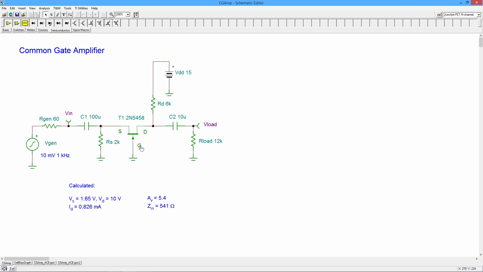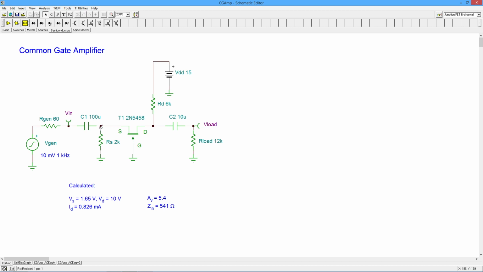So there is a divider. The voltage divider out here, you got 541 over 541 plus 60. In other words, 541 over roughly 600. You're going to lose about, coarsely speaking, without getting out my calculator, about 10% of the signal. So if I have 10 millivolts coming in, I expect, given these numbers, to get about 9 millivolts.